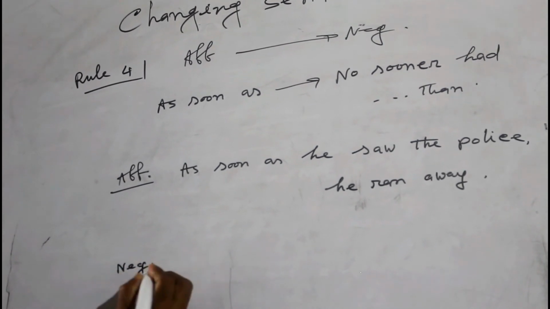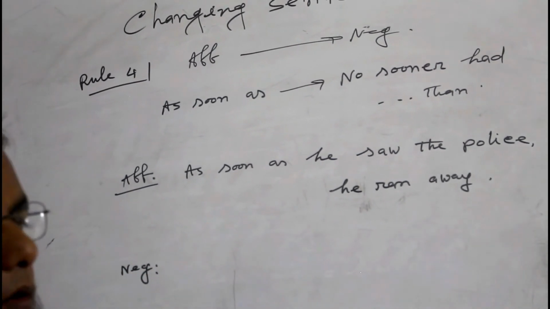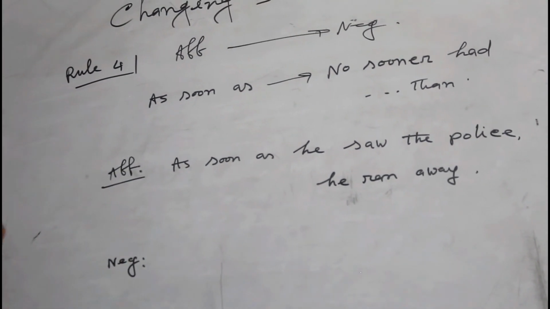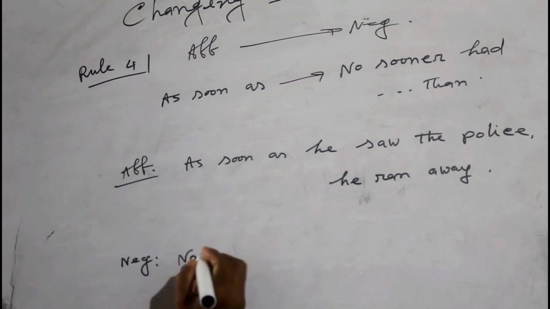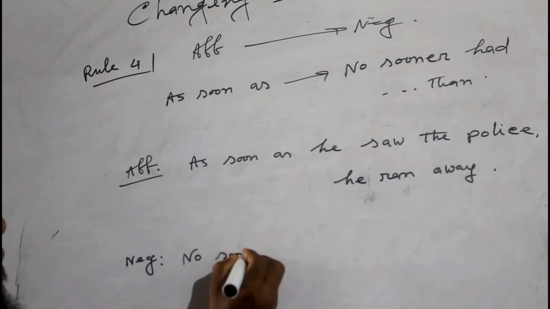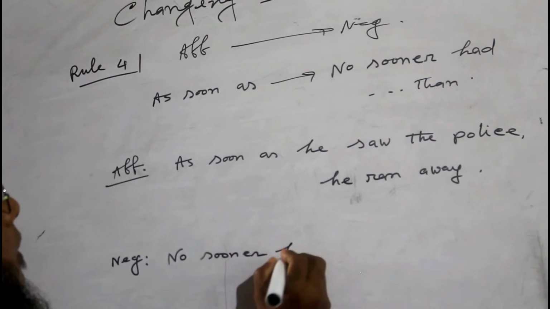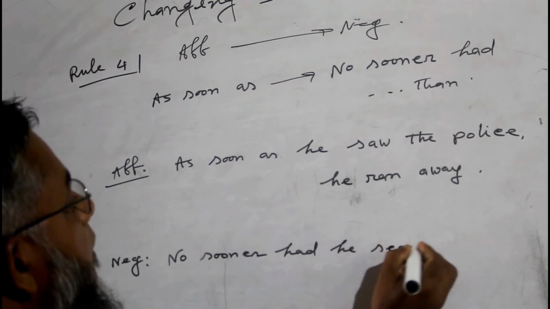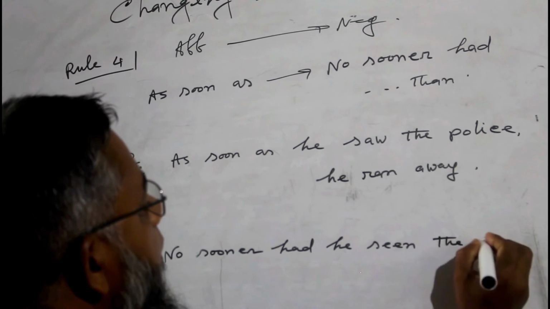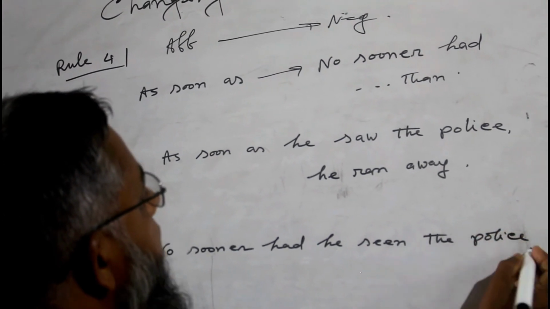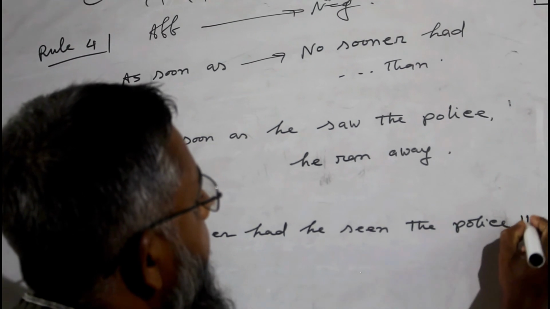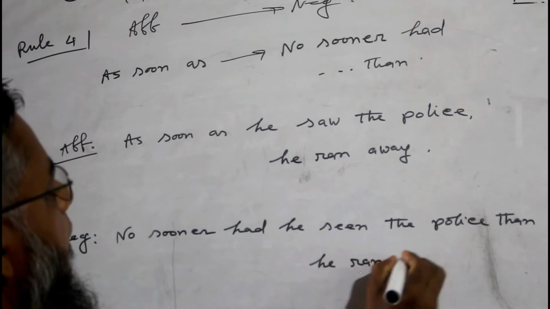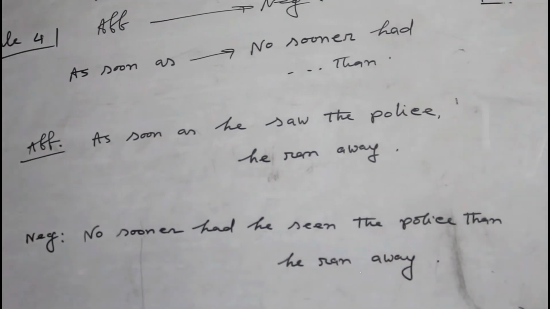If we try to change it into negative sentence, we have to use no sooner had than instead of as soon as. So, no sooner had he seen the police than he ran away.